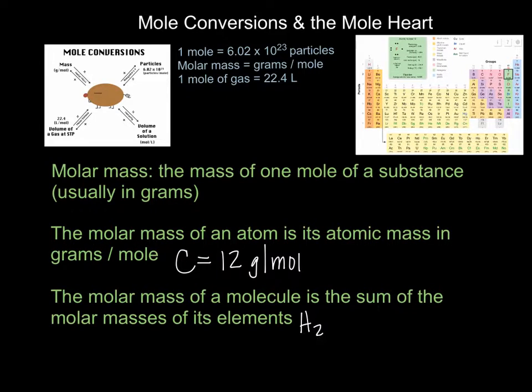So for example, the molar mass of water, H2O, is going to be the sum of the molar masses of the 2 hydrogens and the 1 oxygen. So we have 2 hydrogens, each with a molar mass of 1 gram per mole, so 1 times 2, plus my 1 oxygen, which has a molar mass of 16. So my molar mass of water is going to be 18 grams per mole. And this is an essential step to know how to do in order to do the rest of our conversions for moles.